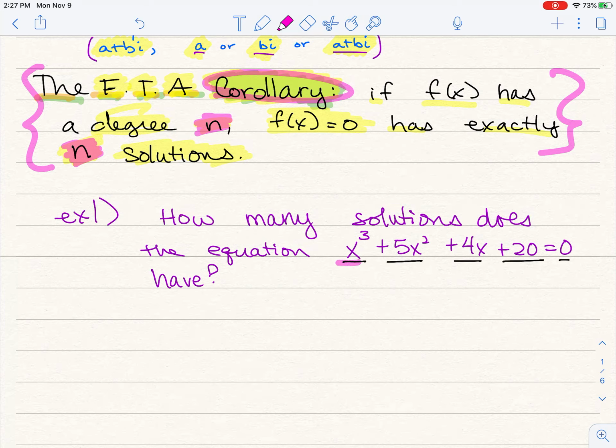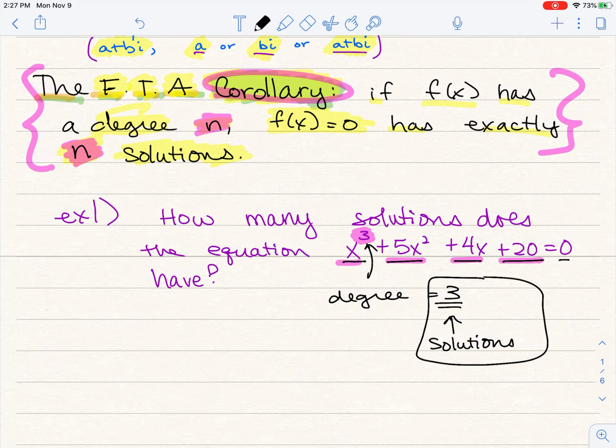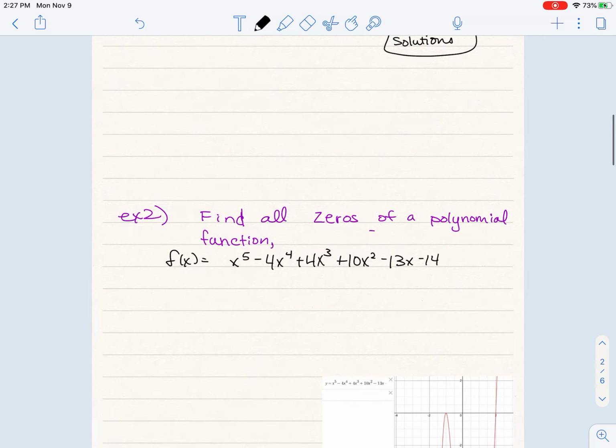So let's look at the degree here. We've got these terms, x^3, 5x^2, 4x, and 20. We're looking at the biggest exponent. This tells me our degree equals 3. If our degree is 3, that tells me how many solutions there are. However big our biggest degree is, that's how many solutions we're looking for. And that's our answer, 3 solutions.